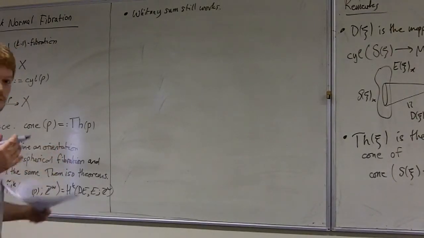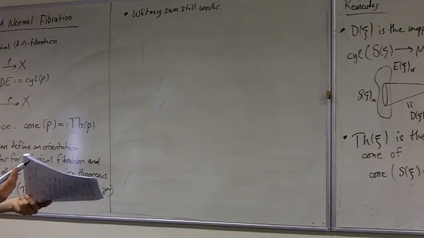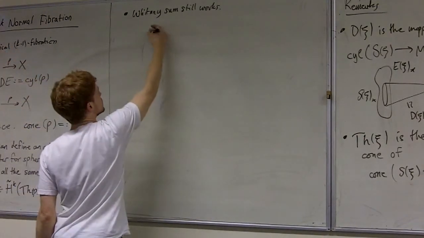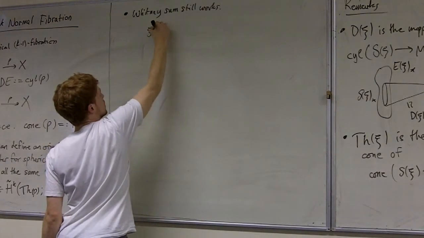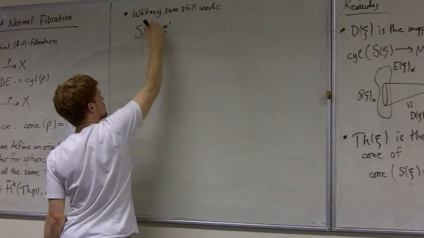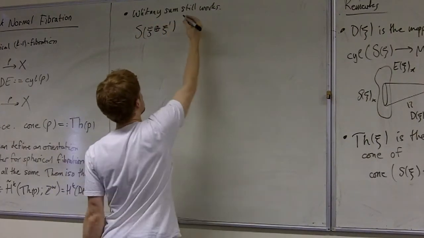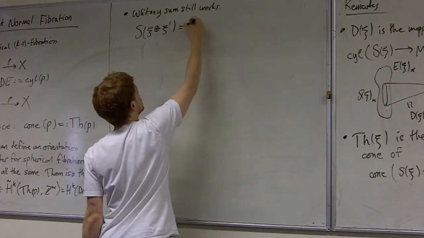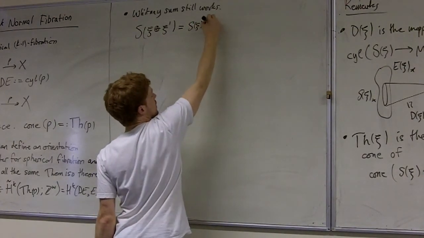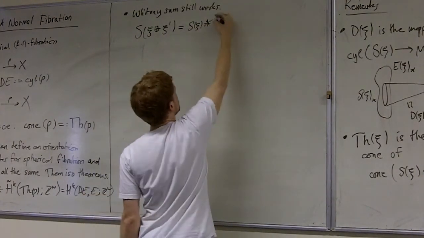But it should be compatible with vector bundles, right? So if we take a Whitney sum of two vector bundles and then take the sphere bundle, we want that to be compatible with taking the sphere bundle of the first one, and then this is the Whitney sum for these things.